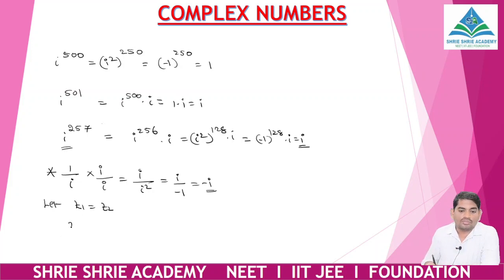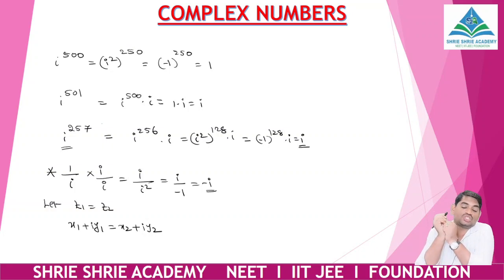Z1 is x1 plus i y1, and Z2 is x2 plus i y2. If these two complex numbers are equal, then x1 is called the real part of Z1 and y1 is called the imaginary part of Z1.